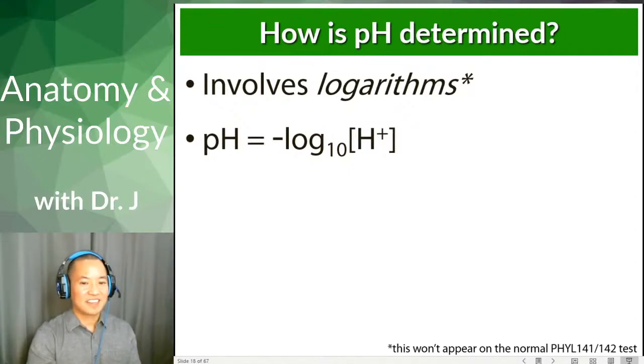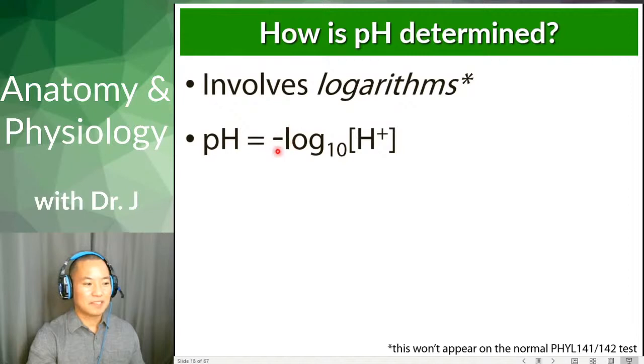Well, as you saw, the concentrations are always 10 to the 0 or 10 to the negative something. 10 to the 0 is 1. But 10 to the negative 1 is 1 over 10. 10 to the negative 2 is 1 over 100. So if you take a logarithm of a fraction like that, it's going to be negative. The smaller the fraction, the more negative the number.